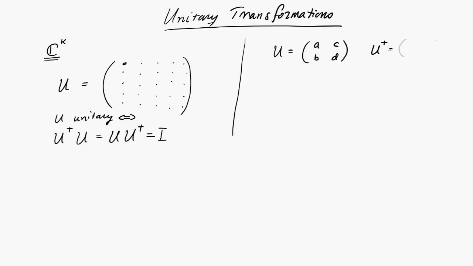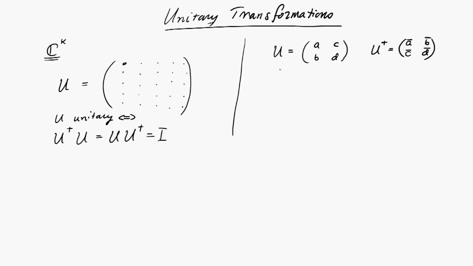For U dagger, you're going to take the complex conjugates of these entries, so you'll replace A by A conjugate, D by D conjugate, and then you take the transpose of the matrix, meaning the off-diagonal entries are transposed to the other side. You flip them. So C goes down here, but it's not C, it's C conjugate, and B goes up here, but it's B conjugate.